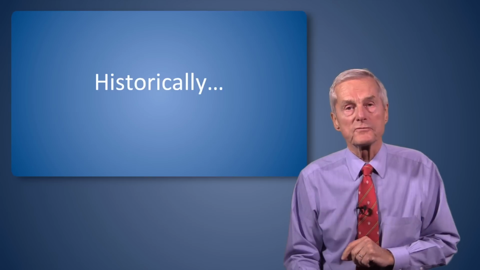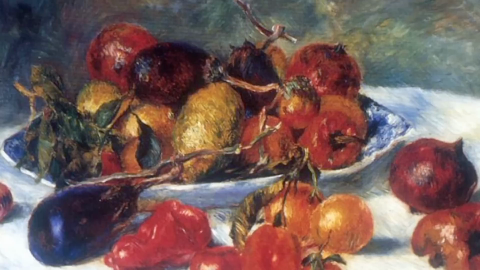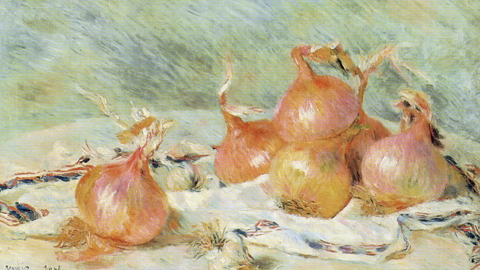Well, I want to touch a little bit on history and then move into where we're going to be starting in the next several presentations. Historically, people have looked at food in many different ways. Renoir painted these vegetables in a beautiful painting. Here's another Renoir painting of onions that was taken from the museum in Williamstown, Massachusetts, the Clark Museum, a beautiful painting.